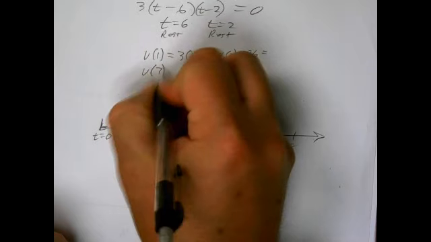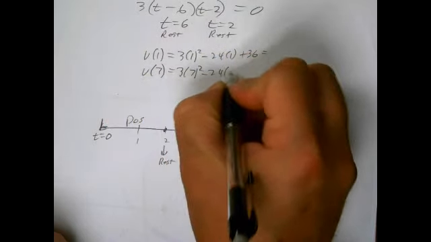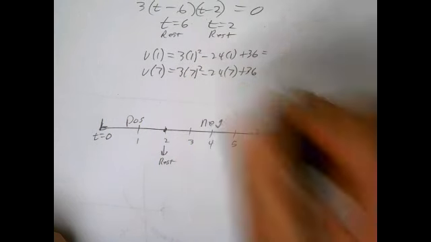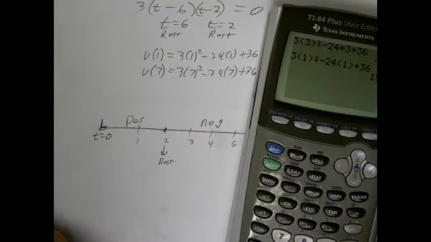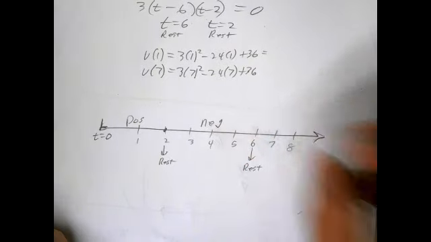Velocity at time 7 is 3 times 7 squared minus 24 times 7 plus 36. All right, let's check that out. 3 times 7 squared minus 24 times 7 plus 36. And that's positive again.